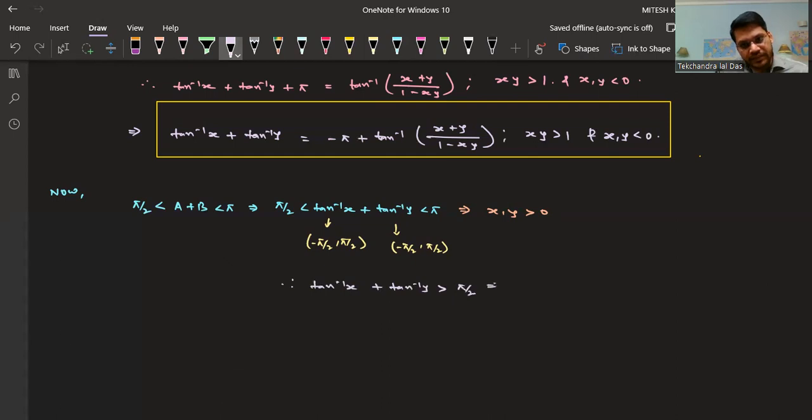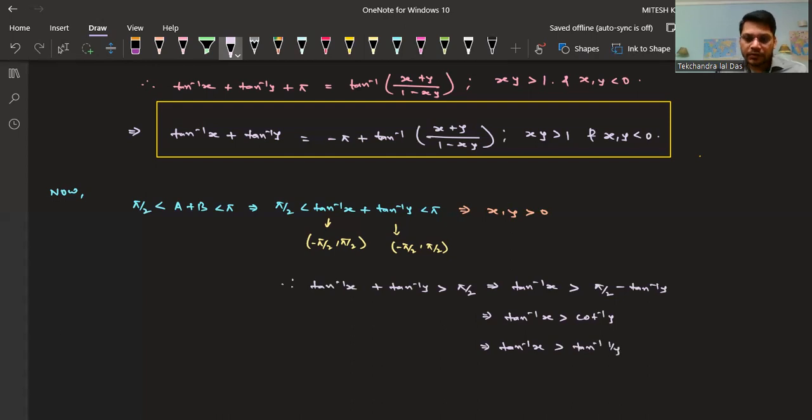So do again the same thing here. Just take this y this side, tan inverse y this side. So tan inverse x greater than pi by 2 minus of tan inverse y, and clearly we can write here tan inverse x greater than cot inverse y. Okay, so clearly this is tan inverse x greater than tan inverse of 1 by y.